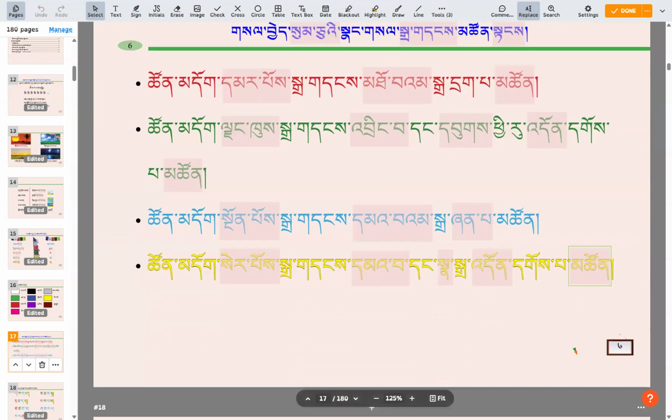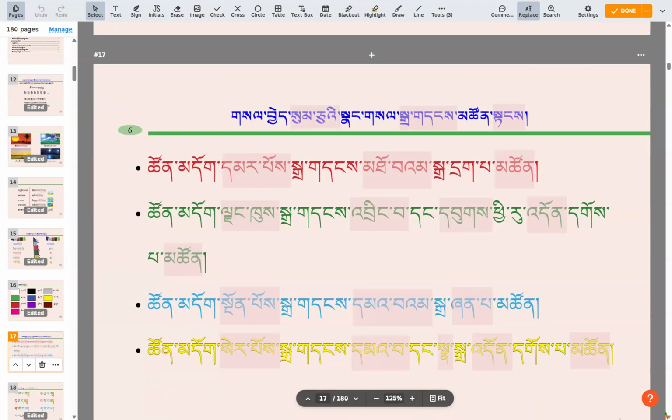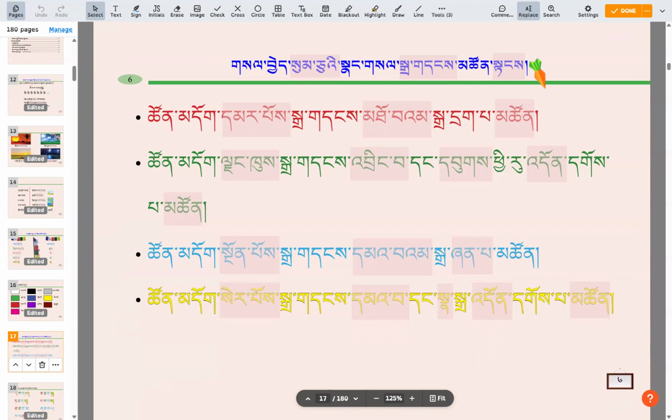This next slide is slide 6, and it's a bit of a description of how the colors are used to show the different consonant sounds, like meaning tones and so on.